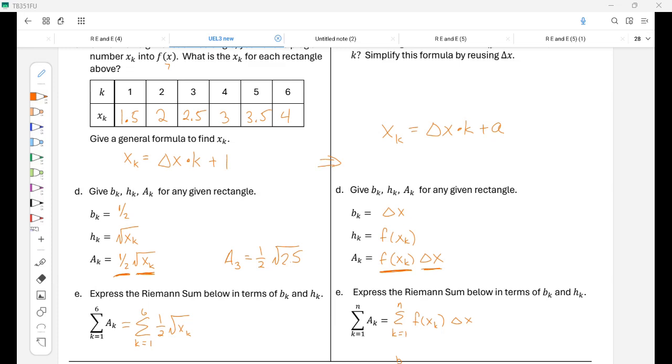Each one of those rectangles had a dimension equal to 1/2, right? Because the bottom of each was 1/2 of a unit wide. And then each height was based on our function, which was the square root of x, but we had to take that square root of x at a certain spot. So this just represents base times height, and we're doing it 6 times, and summation means added up. So that's what this is. This is a compact set of directions that would tell you exactly what to do to find the area of those 6 rectangles, and then it tells you to add them up, okay?